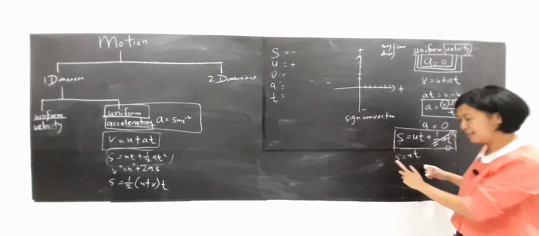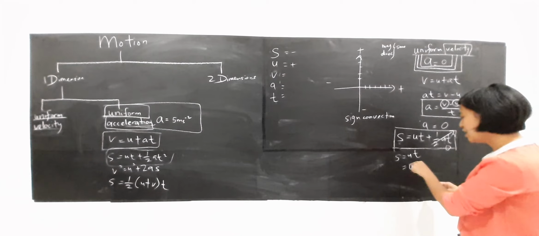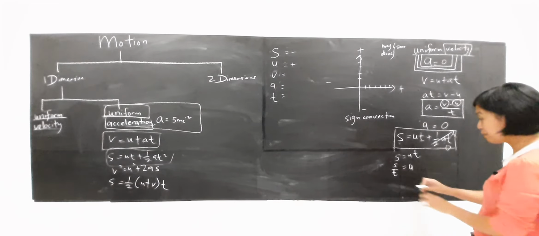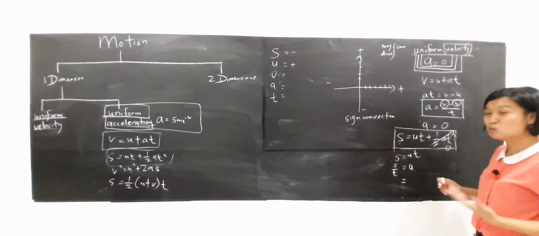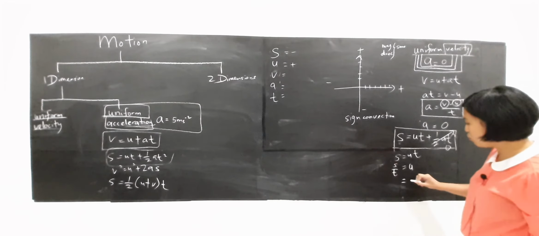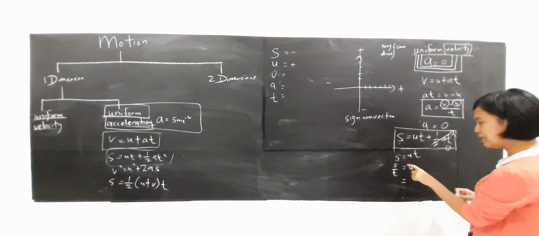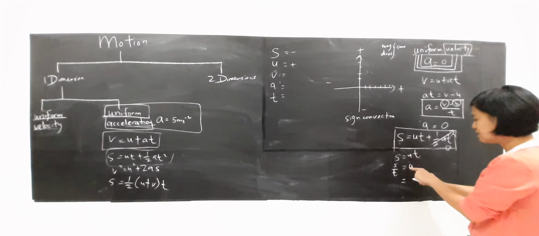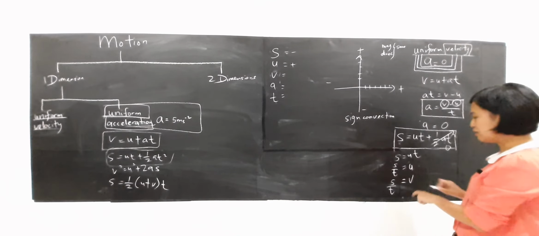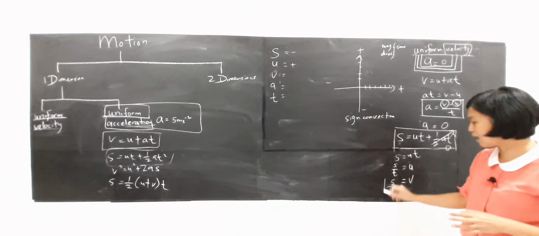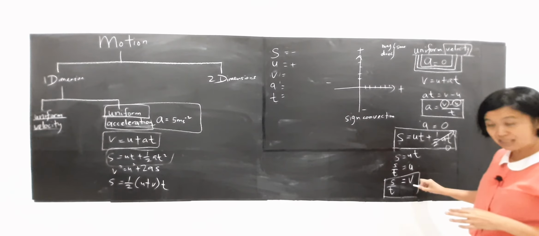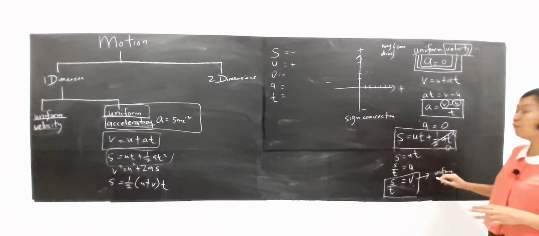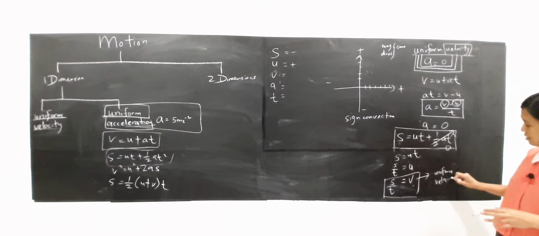Are you familiar with that? For example, if I want u, I move t to this side. What do you get here? You get an equation that you like very much, which is velocity. For uniform velocity, the initial velocity is actually equal to the final velocity. Can you see this familiar equation now? But when can I use this? You should know that it is when the question is about the uniform velocity case.